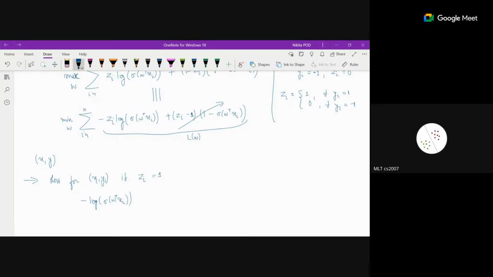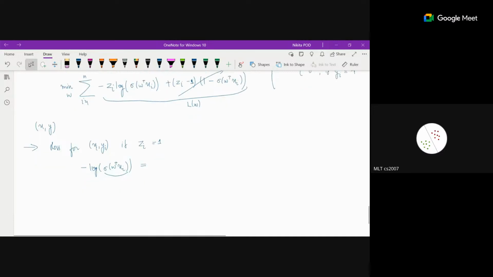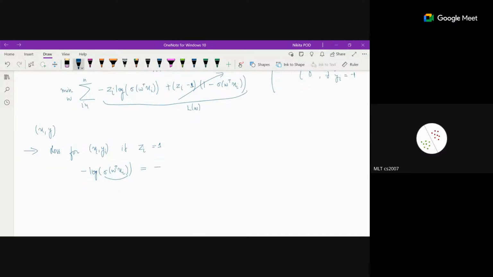The way the logistic function is defined, sigma of x is equal to 1 upon 1 plus e to the power minus x. So you can write this as minus of log 1 upon 1 plus e to the power minus w transpose xi.